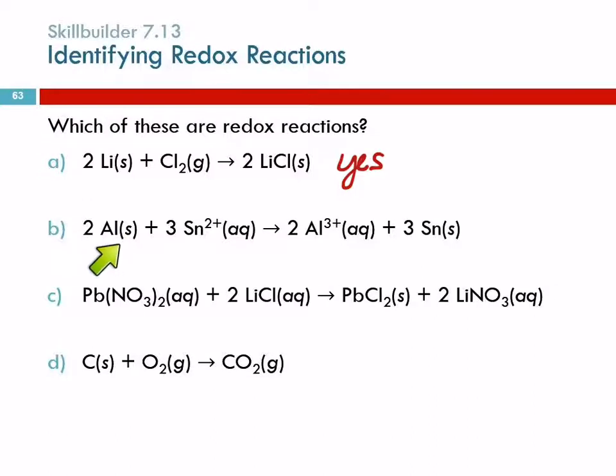So what's happening here is that the aluminum is losing electrons to become a positively charged ion. It's giving those electrons to the tin. The tin is gaining electrons and becoming a neutral atom again. So that is also a redox reaction. How about letter C? Lead nitrate and lithium chloride to form lead chloride and lithium nitrate.